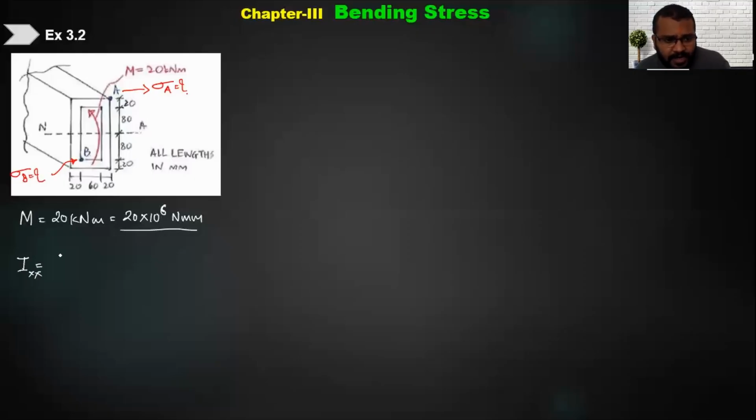For the bigger rectangle, 1/12 into, what is the size of the bigger rectangle? It is 200 cross 100, right? But it is 100 perpendicular, 200 perpendicular, so it is 100 into 200 cube. Did you understand how I am writing this? Minus the lower rectangle, so 1/12 into 160 cross 60, so it is 60 multiplied by 160 cube. Give me the answer in millimeter raised to 4.